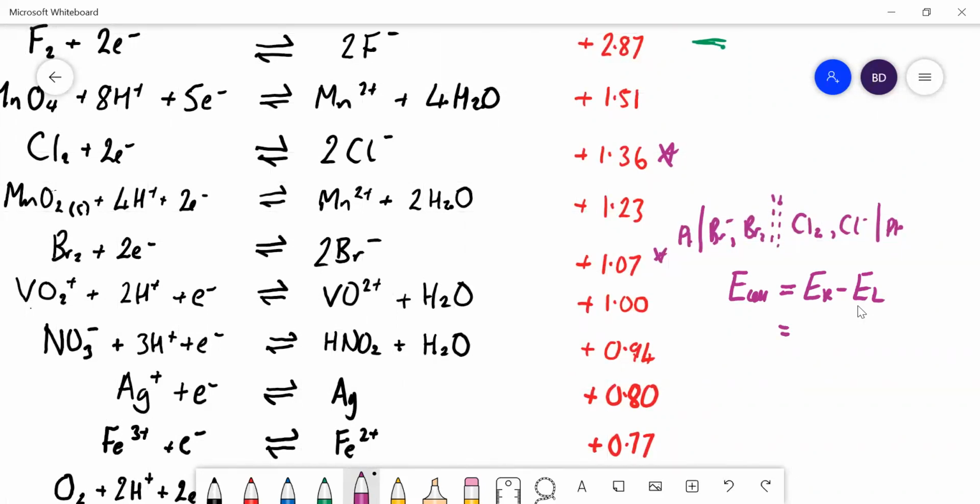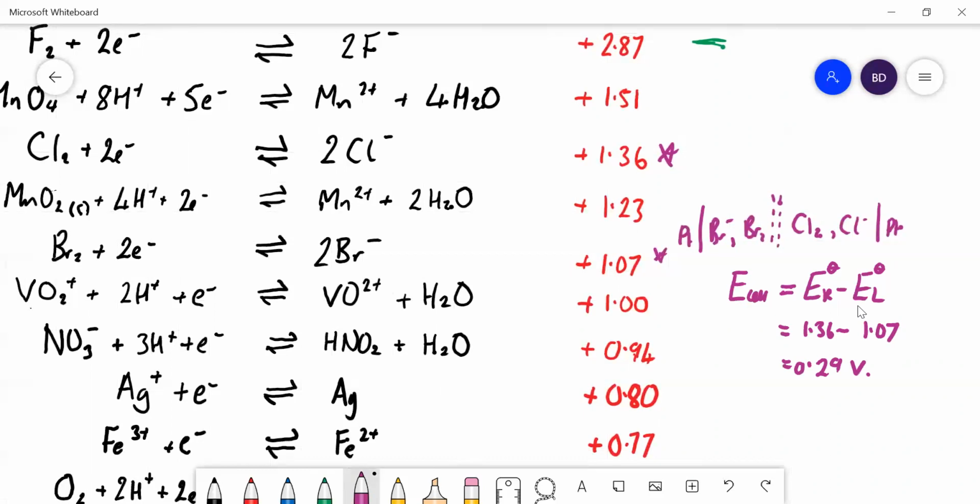Well, the chlorine standard electrode potential is 1.36, minus 1.07 for bromine, sorry. So that answer there would be 0.29 volts. That would be the value of the E cell there.